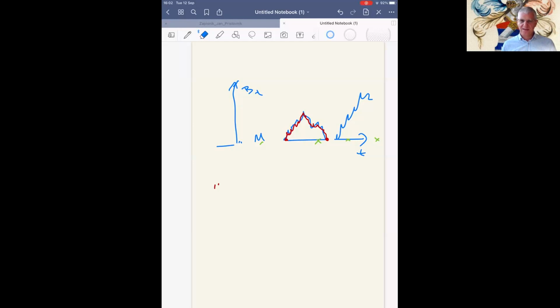So if I say it again, right, you can attach to every excursion a time when it occurs, called the local time. You know that the local time of an excursion that comes later is bigger than the local time of an excursion that comes earlier. And if you do your local time right, then the process of excursions is a Poisson process.